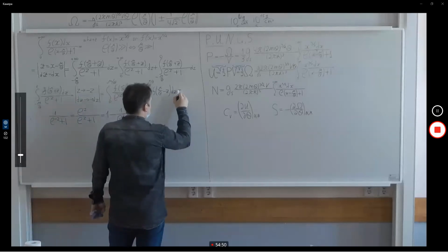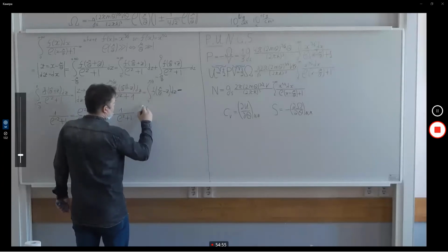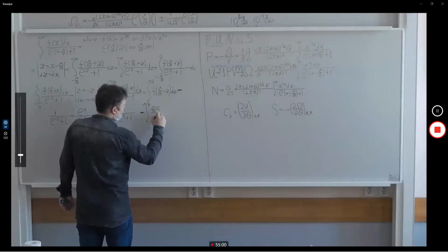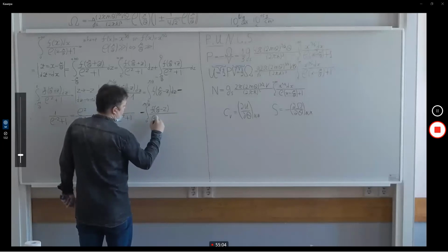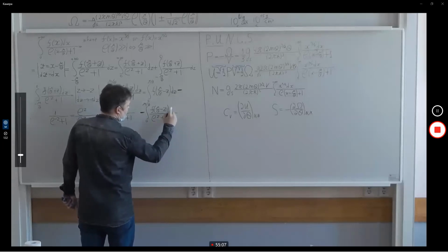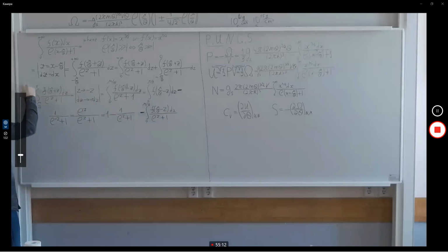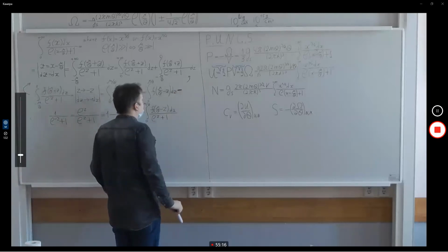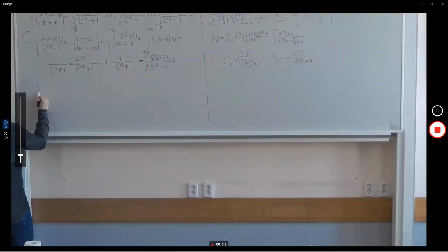Okay, and here I get minus integral of f of μ over θ minus z over exponent to the power of z plus 1 dz. Now we can substitute this here. And we can identically rewrite the interesting integral in the form.